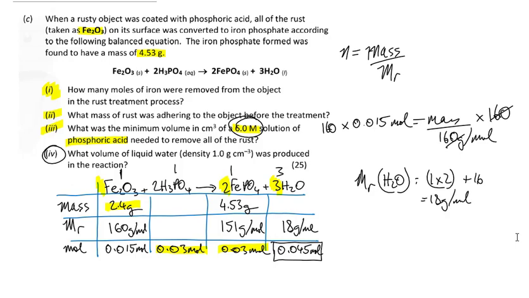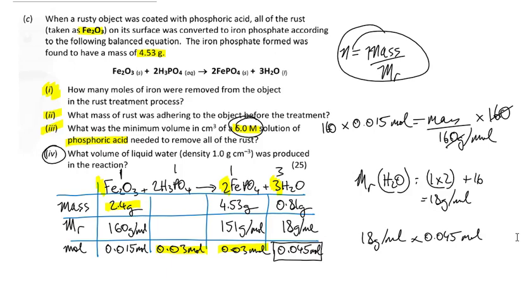And now to get the mass, using this formula again, we've got relative molecular mass and the number of moles here in our table, so we can multiply them together and we get 0.81 grams. That was 18 grams per mole by 0.045 moles.